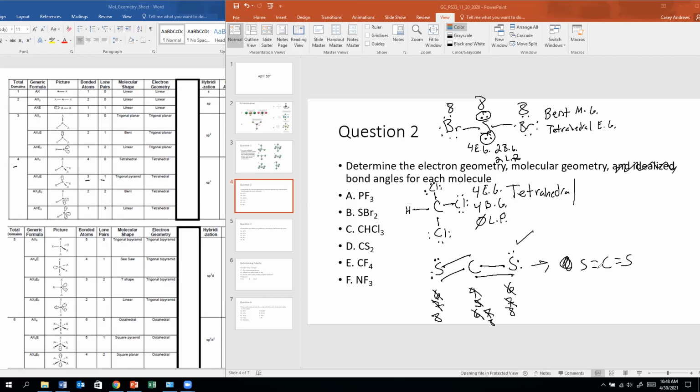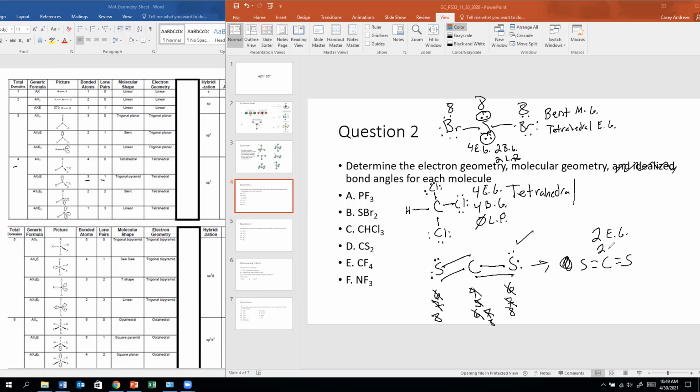Treat a double bond, a triple bond, and a single bond the same when it comes to bonded atoms. So in total, this carbon only has 2 electron groups, right? It has 2 atoms bonded to it. I don't care if it's a double bond or a triple bond. All I care about is the number of atoms bonded. So in total, 2 atoms are bonded.